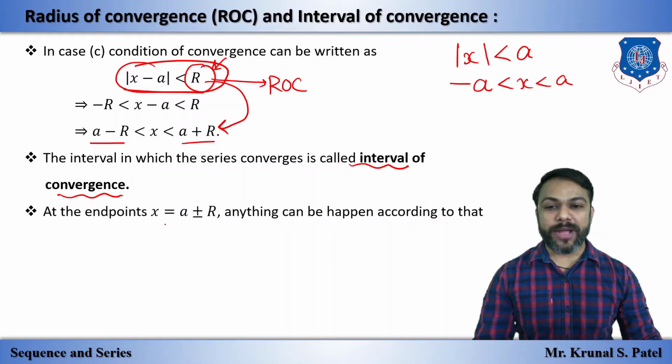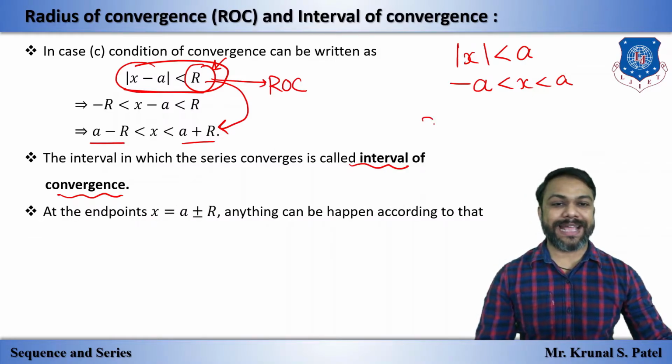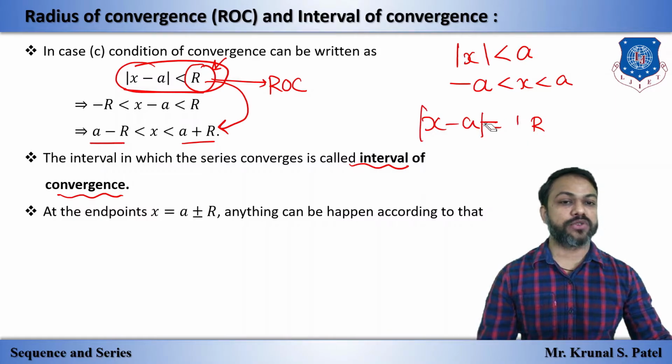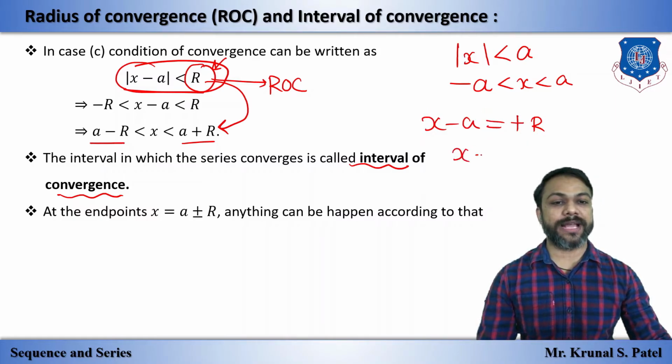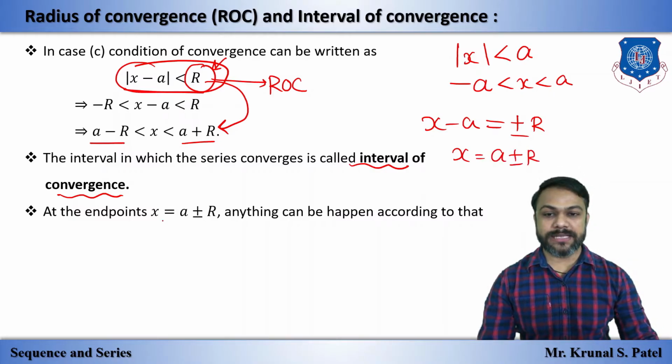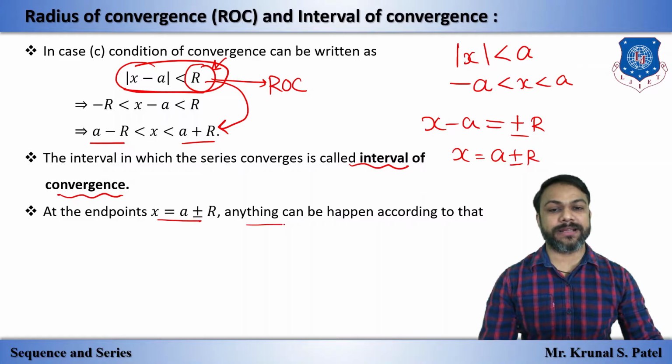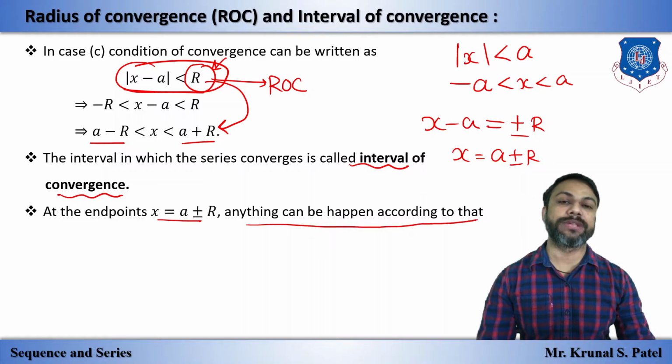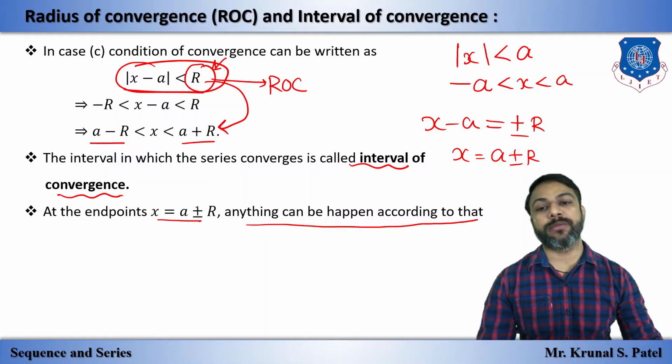Okay, and at the points where mod x minus a is equal to R, if we remove the mod, it is equal to plus or minus R, so x is equal to a plus or minus R. Anything can happen at these points.